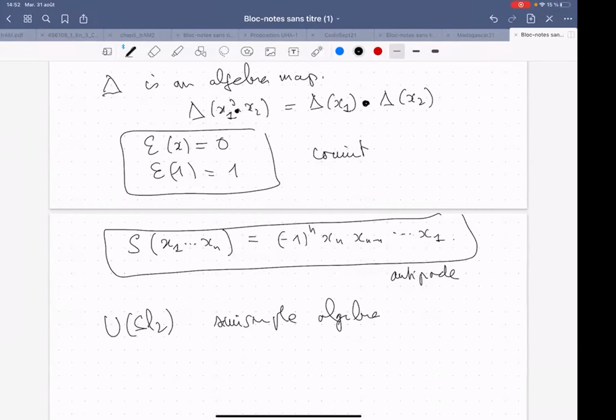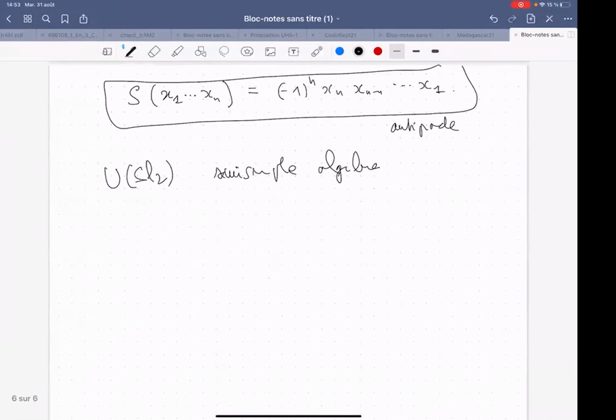Then in the minutes left, I could maybe just define a quantization of this U(sl2), which is denoted by U_q(sl2).